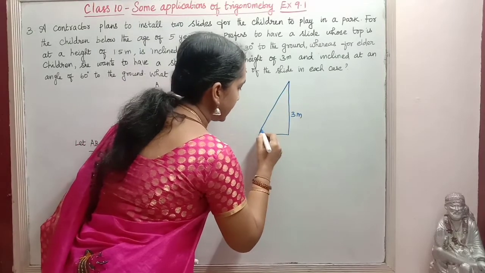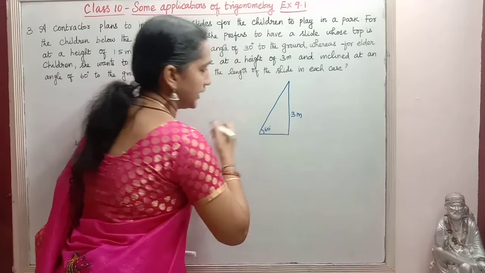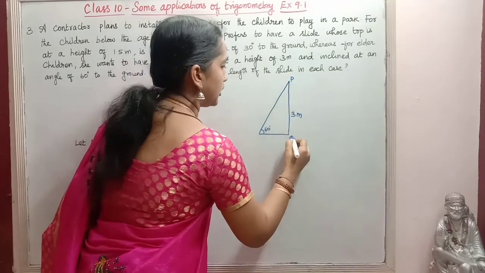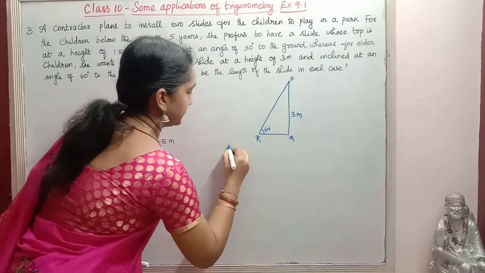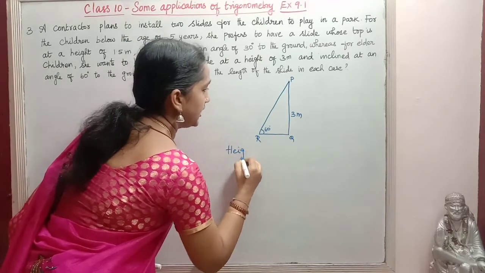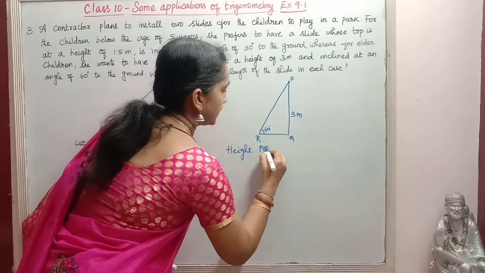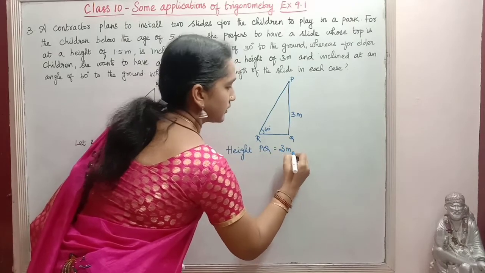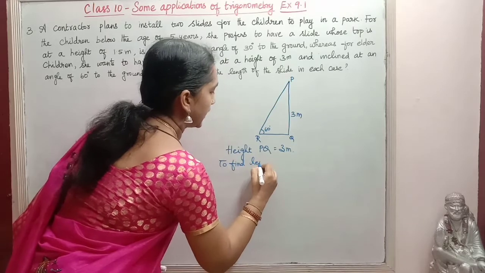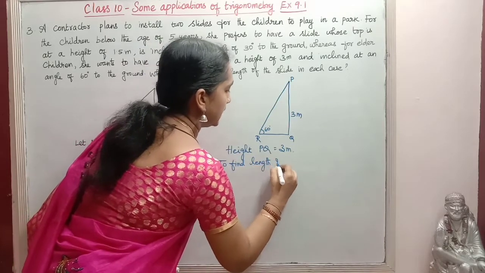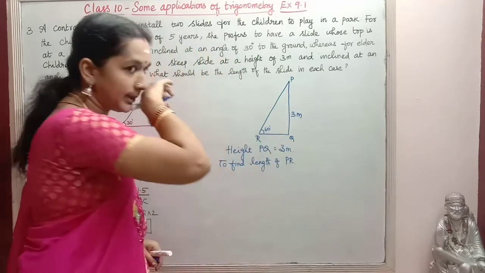We will name the points P, Q and R. So height PQ is equal to 3 meter. To find the length of PR.